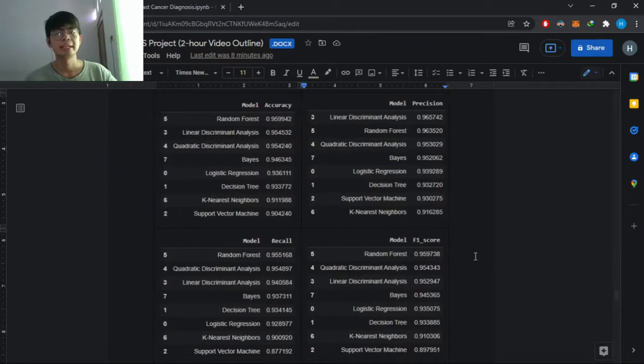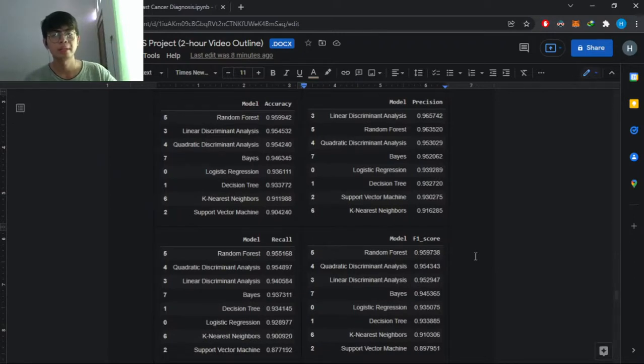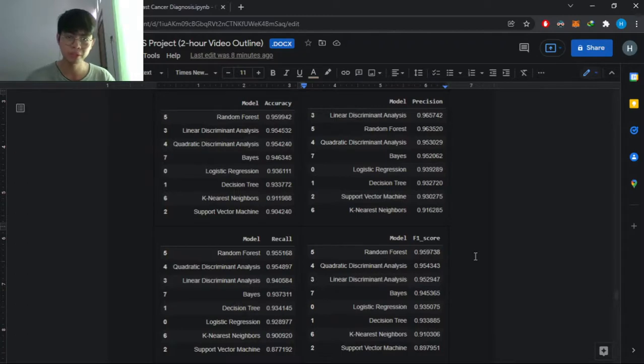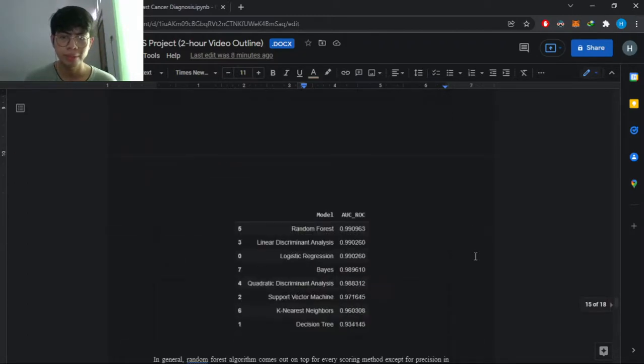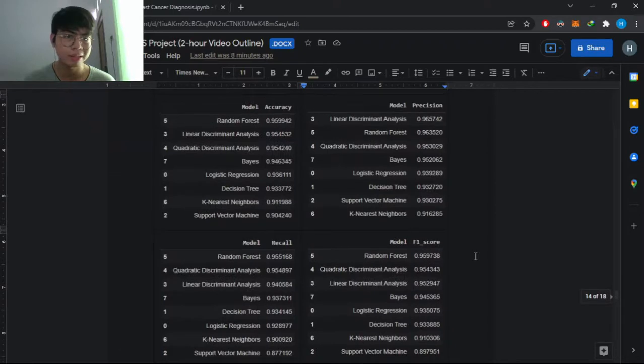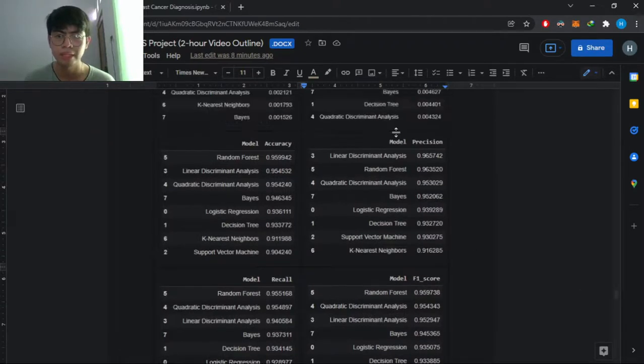Okay, and then for the other performance evaluation measures, they pretty much stay consistent. Random forest comes out on top for everything except for precision. For precision, LDA comes out on top, and random forest comes second.